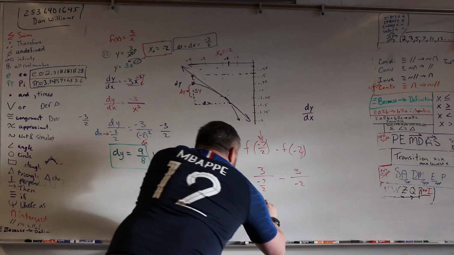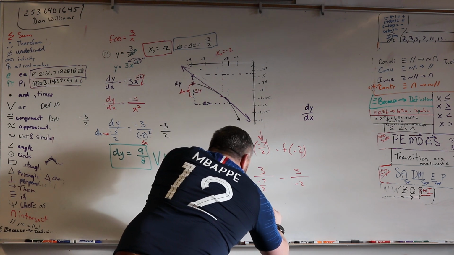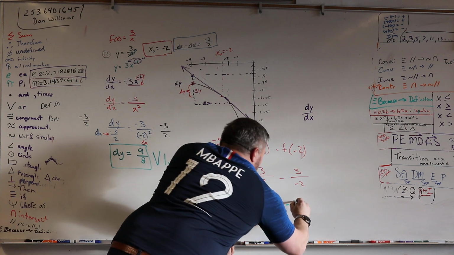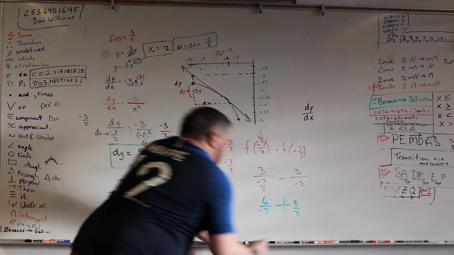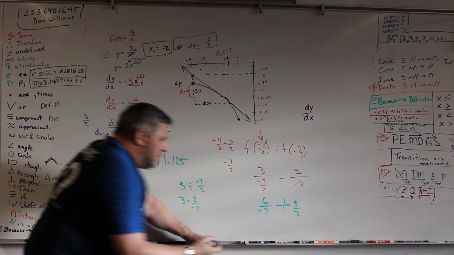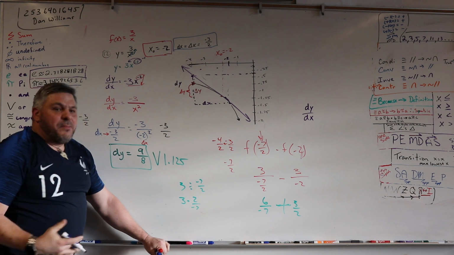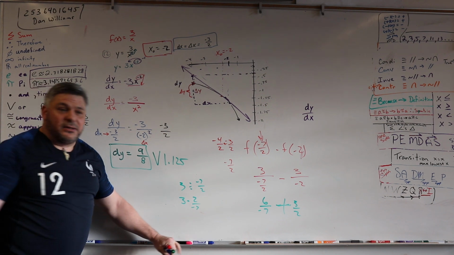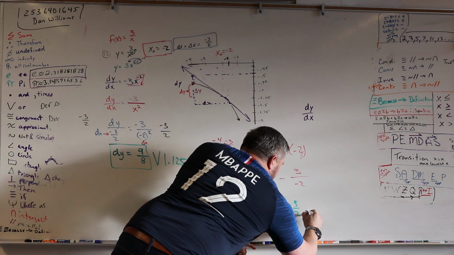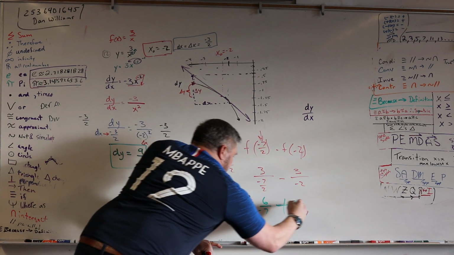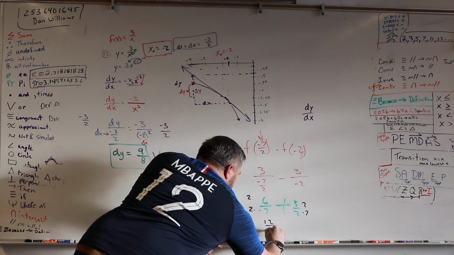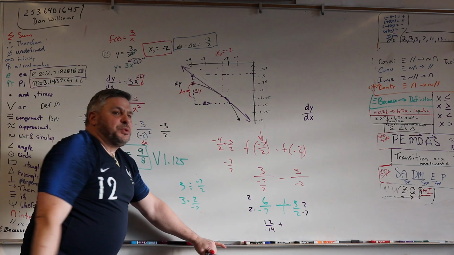You have 6 over negative 7 minus a minus 3 over 2, which makes it a plus. And then we want to make them the same bottoms, which is 14. So I take this and multiply this by 2, and I multiply this by 7, right? And I gotta do the same to the top. So I get 12 over negative 14 plus 21 over 14.